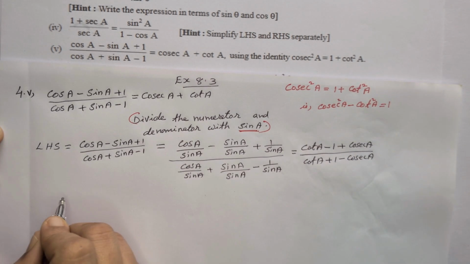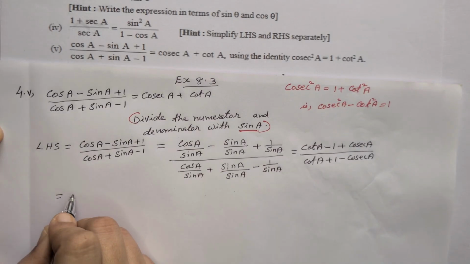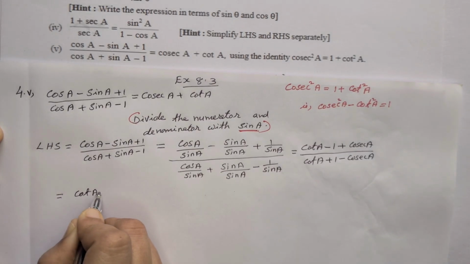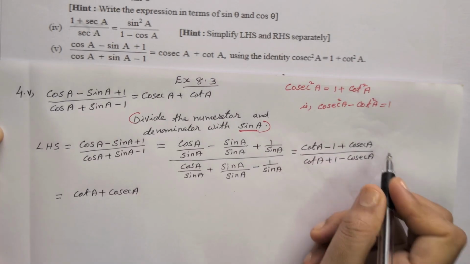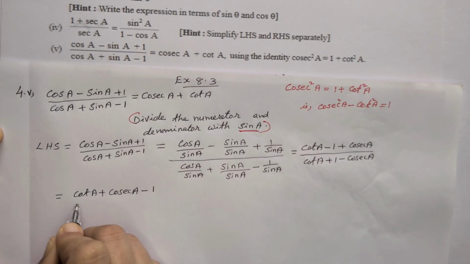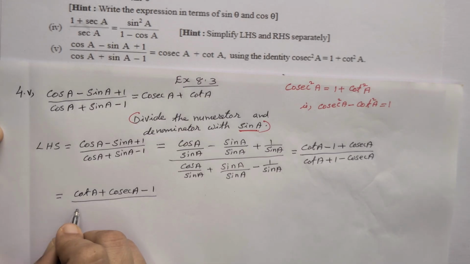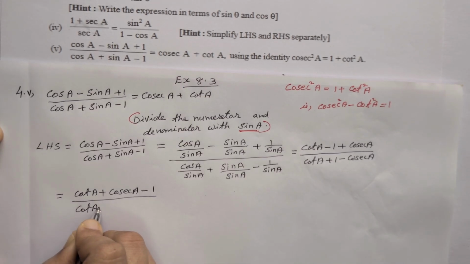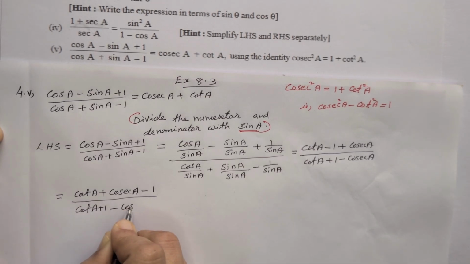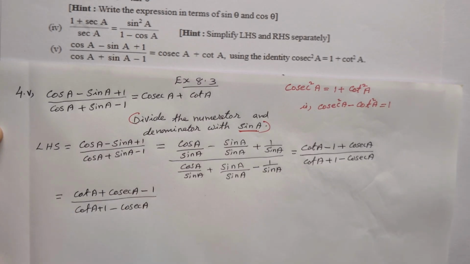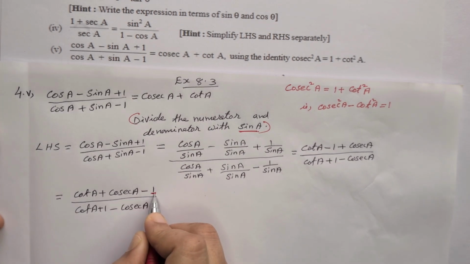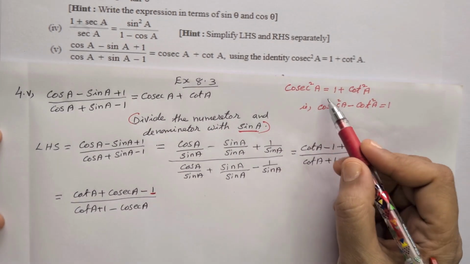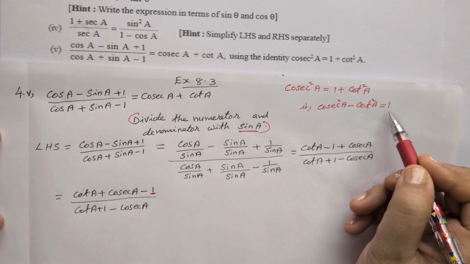The same thing we can rewrite as cot A plus cosec A, and keeping this minus 1 at the last, minus 1 divided by the denominator same as that, cot A plus 1 minus cosec A. Now we are going to change this 1 by using the identity. We know from the identity cosec square A minus cot square A is equal to 1.